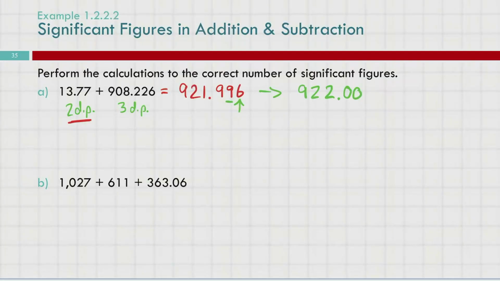So this would round up to 922.00. This will happen occasionally where you have a 9 that has to round up. That's fine, that's normal. Just put a 0 in the place of the 9. We don't want to drop the spot that the 9 was in, though, because that's our last significant figure, our last decimal place that's important to us. So we need to make sure that we retain some zeros in those spots to keep track of our significant figures.